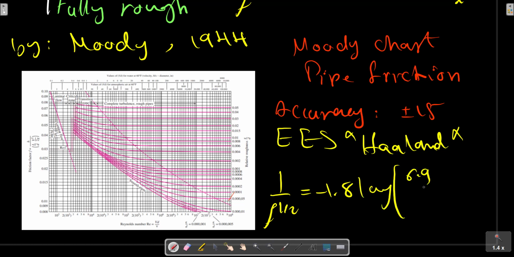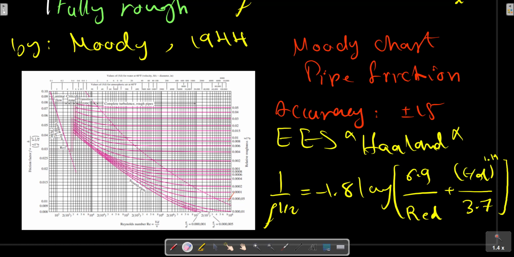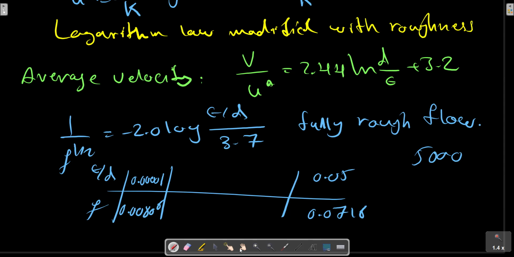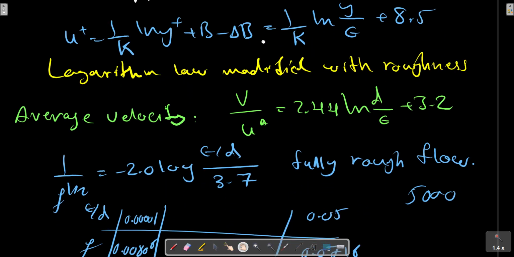Logarithmic, Reynolds D plus, which varies only 2% from the previous equation, which provides here for Reynolds number.